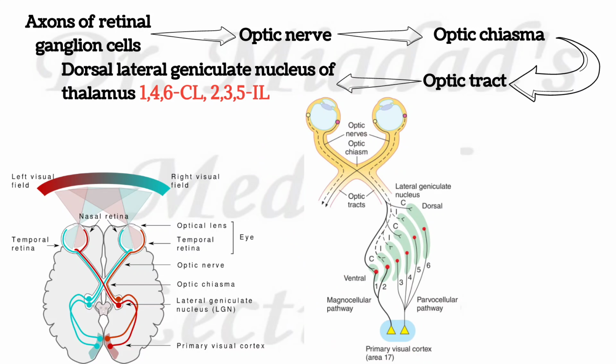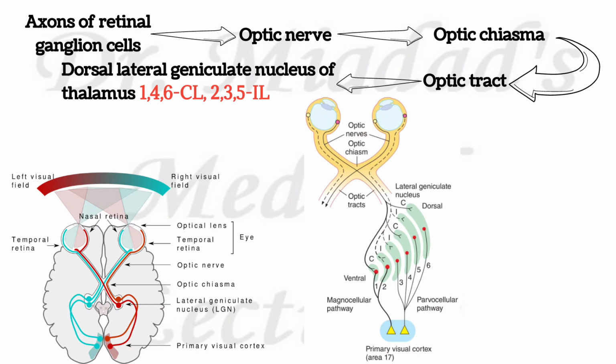The M ganglion cells project to the magnocellular portion of the lateral geniculate body, whereas the P ganglion cells project to the parvocellular portion. Remember, till now we are discussing the second order neurons which come directly from the retina to the lateral geniculate body without any synapse in between.